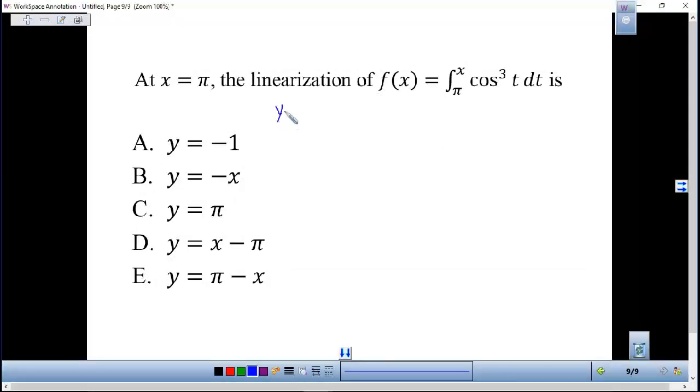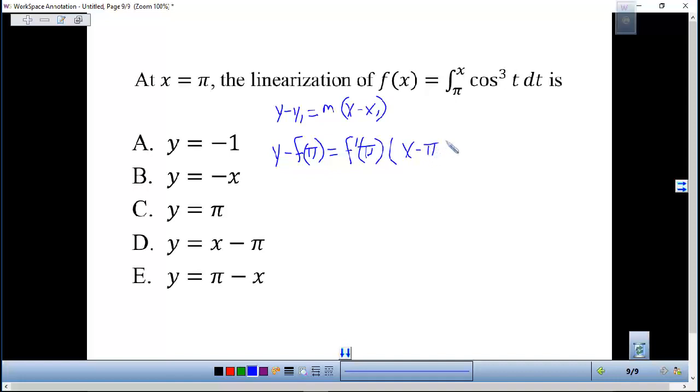Remember, we've got y minus y1 equals m times x minus x1. So when we put this in calculus mode, this is y minus f of pi equals f prime of pi times x minus pi.